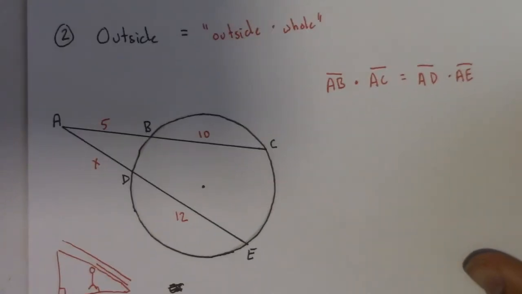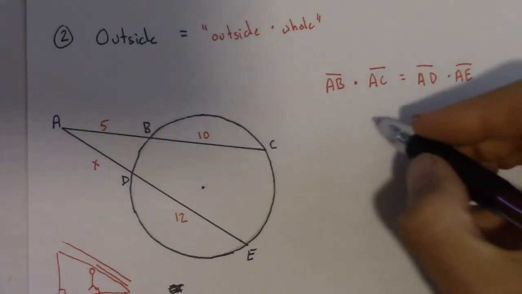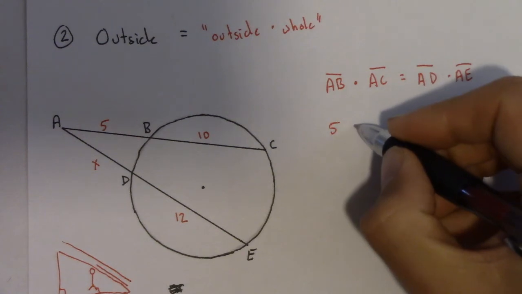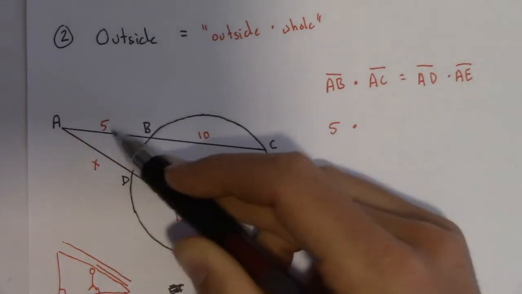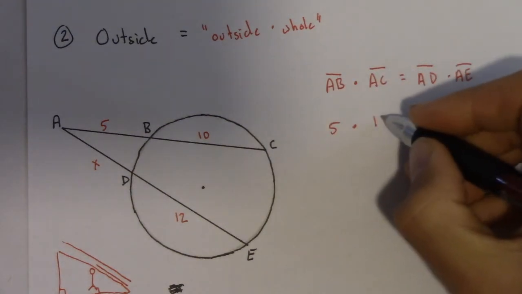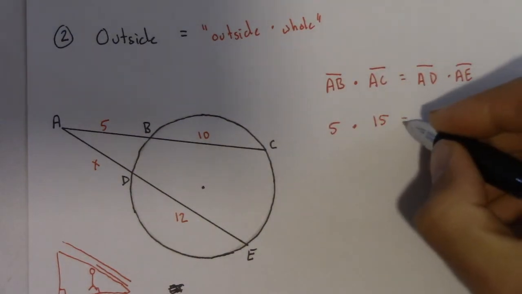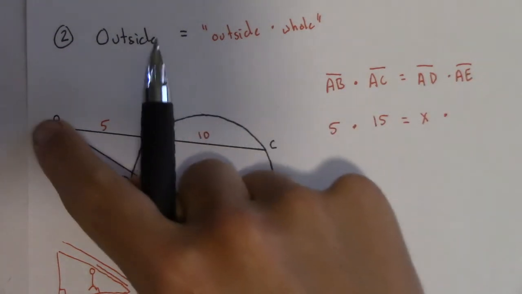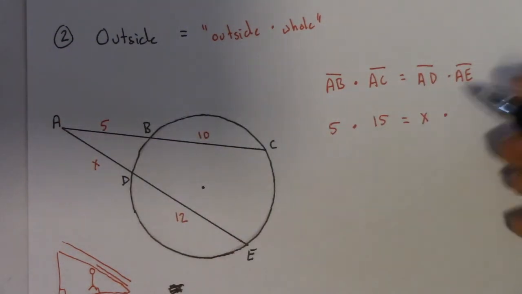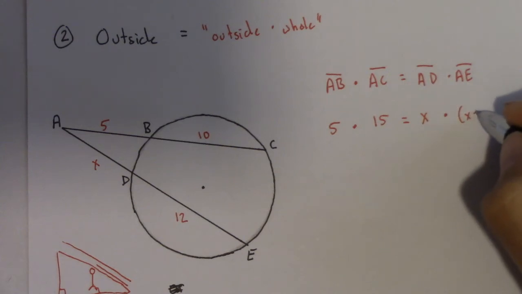Okay, so if we plug that in, AB is 5, AC, let's be careful, A to C, 5 plus 10 gives me 15, AD is X, and AE, A to E, is going to be X plus 12.